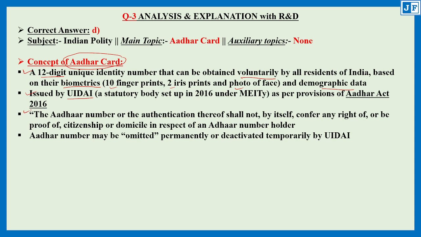It means it cannot be a proof of citizenship. So our first statement was wrong. It also states that Aadhaar number may be omitted permanently or deactivated temporarily by the UIDAI. It is the issuing authority. It also manages the data of Aadhaar. So our statement 2 is also wrong.